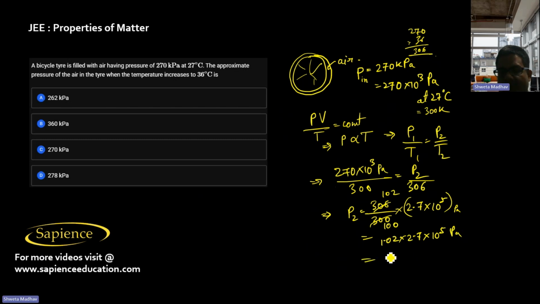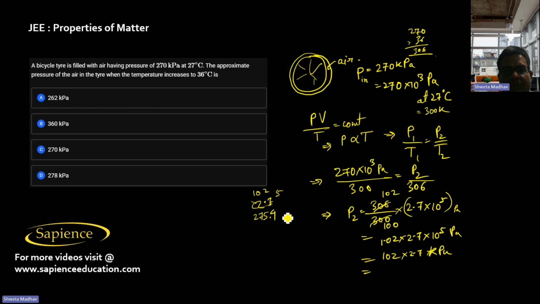Means I can say it is 1.02 into 270 kilopascal. So it is 2.7 and 1.02. It's slightly higher than 270 obviously. 27 twos are 54, 7 0, that is another 27.